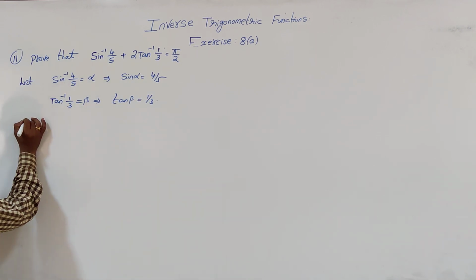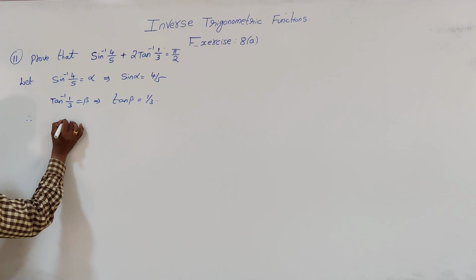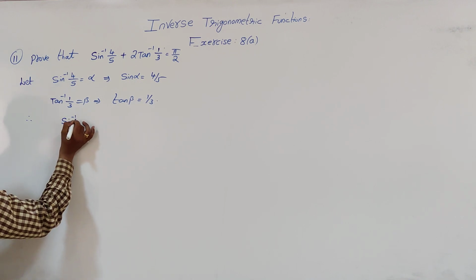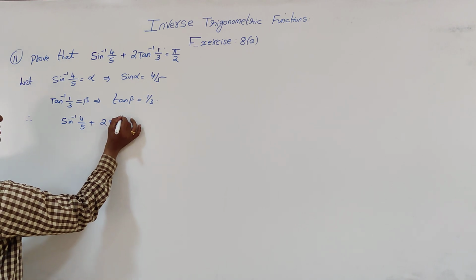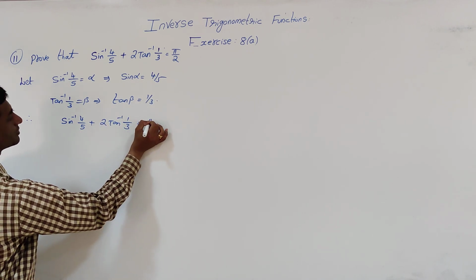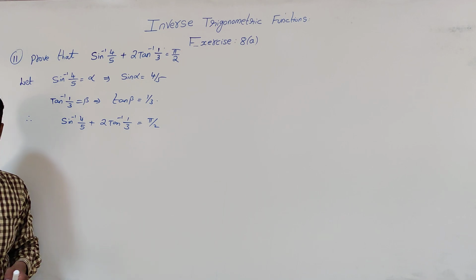Now therefore sin inverse of 4/5 plus 2 tan inverse of 1/3 is equal to pi by 2. Actually we have to prove the RHS is equal to 90.